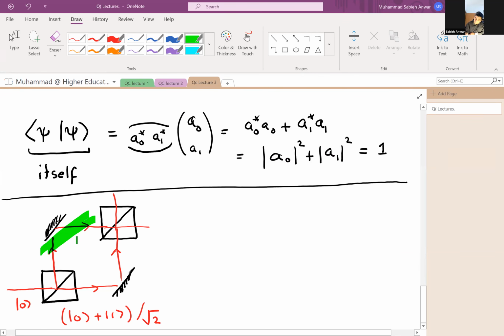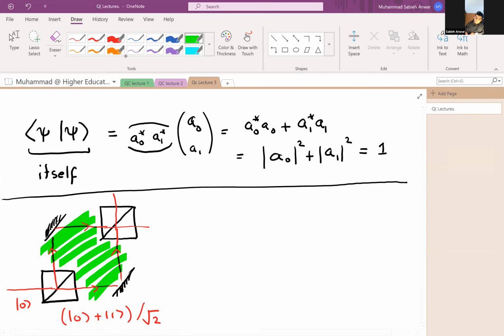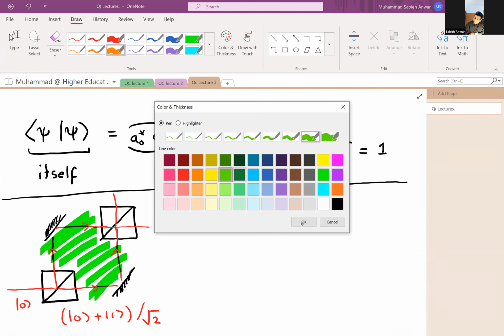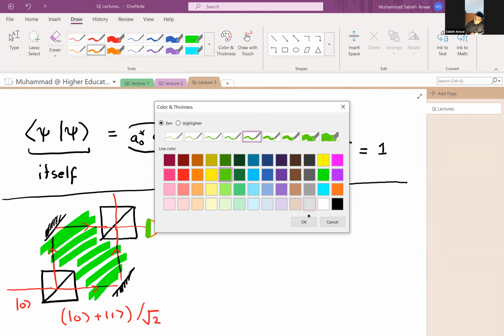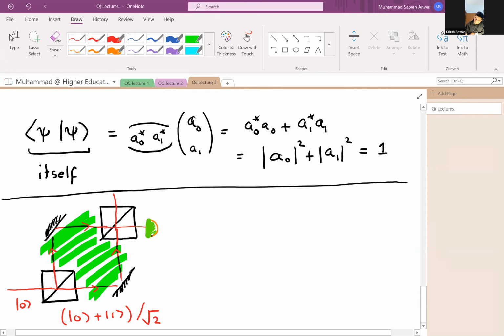Here, we just have a superposition. And then finally, at the end, we put two detectors. You have a detector here and a detector here. P0 and P1. And we perform a measurement right at the end.